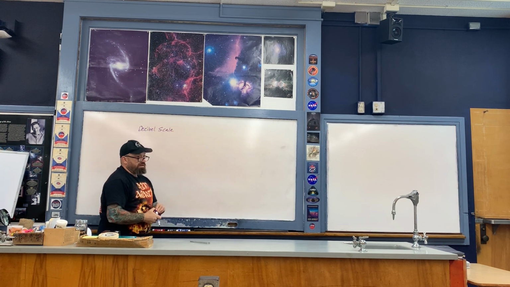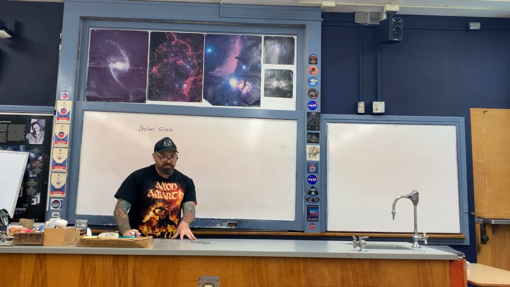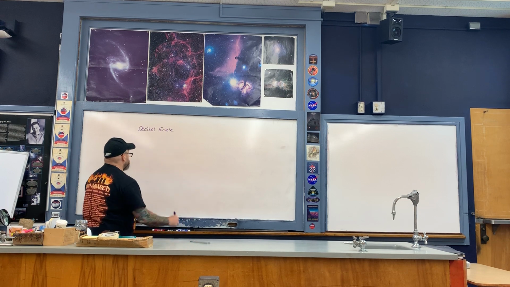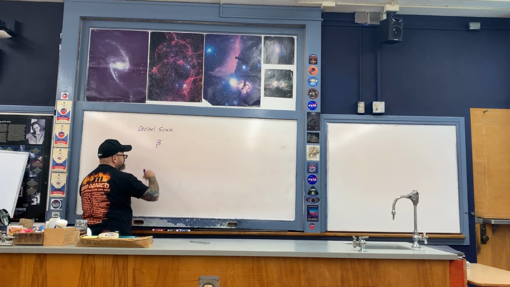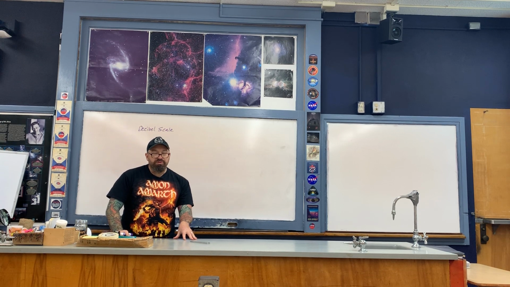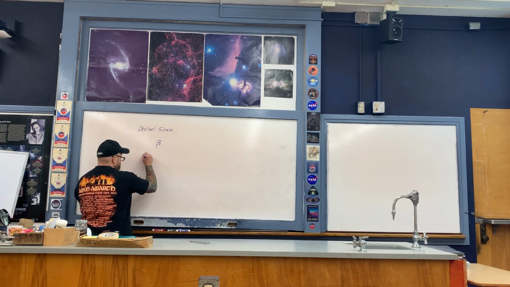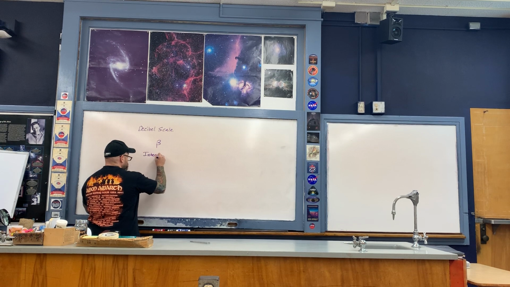Okay, the decibel scale is just a definition, nothing more, and it's a base 10 logarithmic scale that we then use to describe loudness. Okay, first of all, the scale itself is referred to with the Greek letter beta, and this value here is sometimes referred to as the intensity level. I know that that's a little bit confusing, but this is referred to sometimes as the intensity level, the amount of decibels.